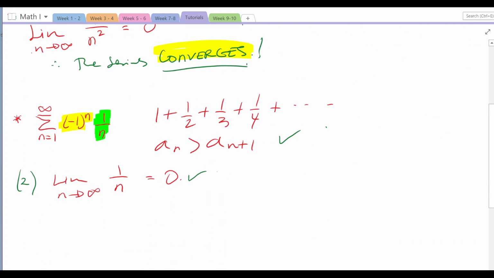One plus 2. Okay, so yes, in this case the series also converges. Both of the requirements are fulfilled, because 1 is greater than a half, which is greater than the next term. So it converges.